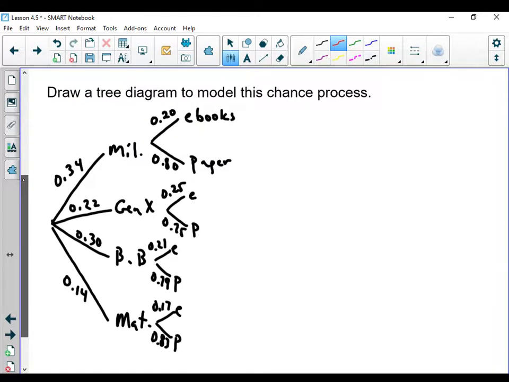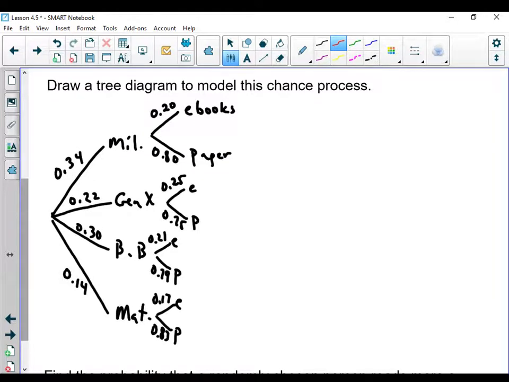So if I start out with the millennials, well, the millennials had 0.34, and then they had 0.20. So I'm going to multiply 0.34 times 0.20, and I'm going to see what I get. So if I take 0.34 times 0.20, I get 0.068.